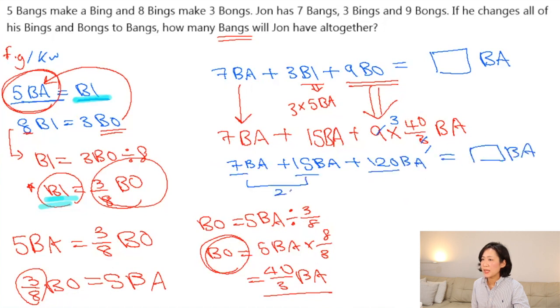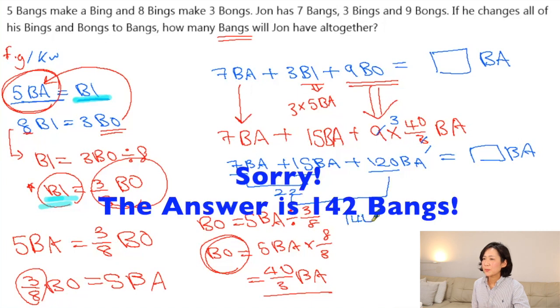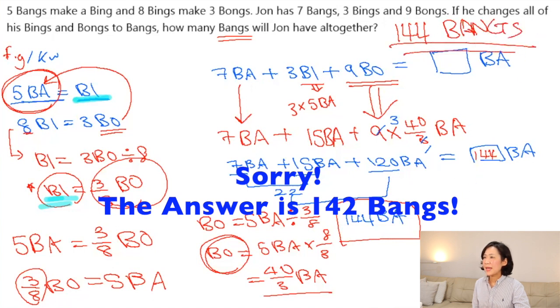We add them all together. It gives you 22 plus 120 in total, which is 144 banks all together. Our final goal is finding how many banks. It's 144 banks.